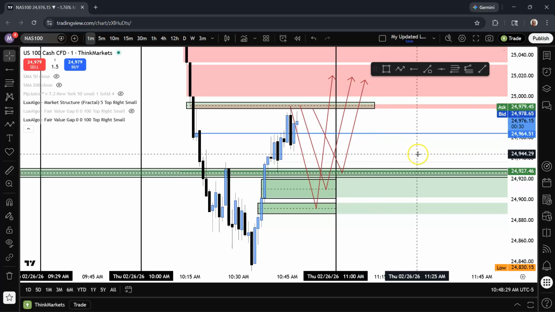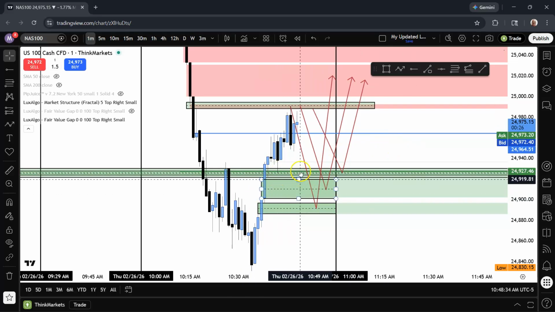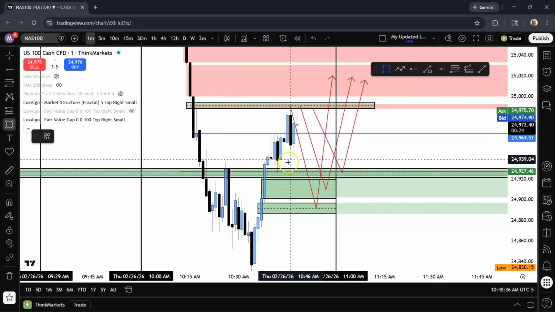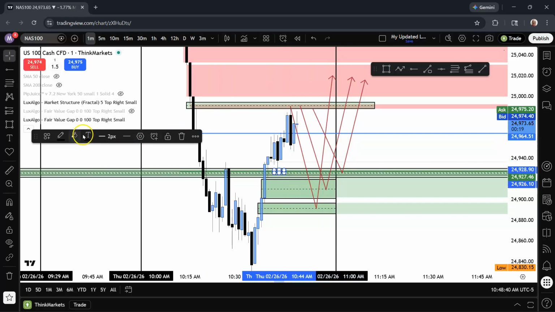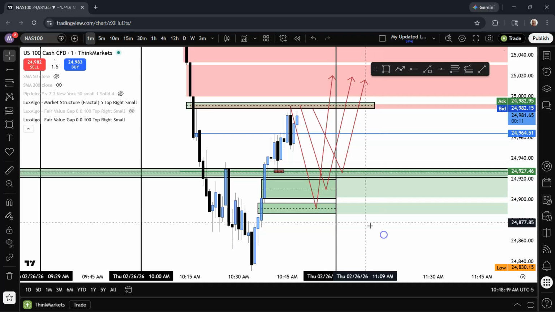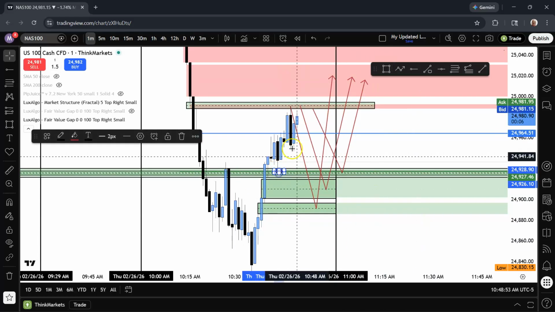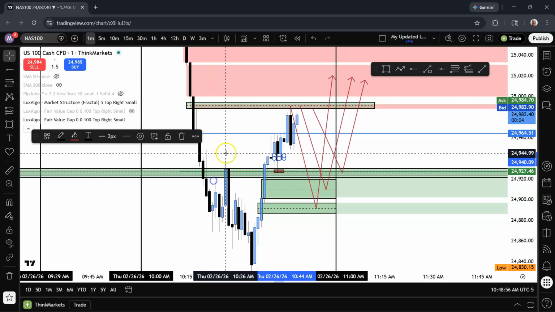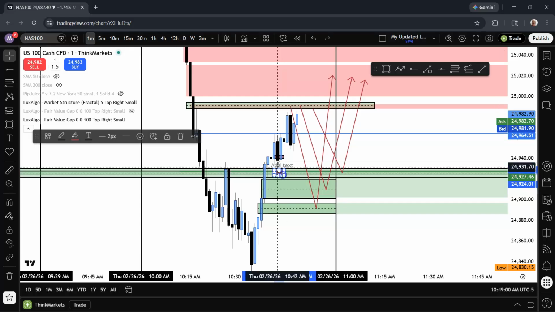Because there are liquidity zones in these areas, and I'll show you where they are. There's one right here. There's a wick. There's a liquidity zone. Right there. And there's one. I'll clone that. Where'd it go?